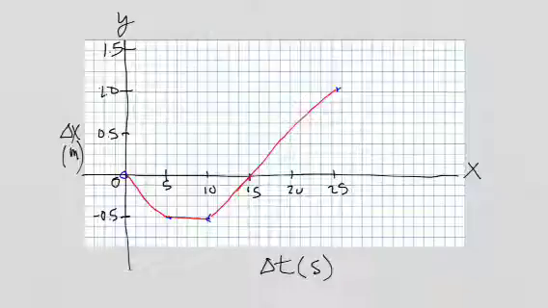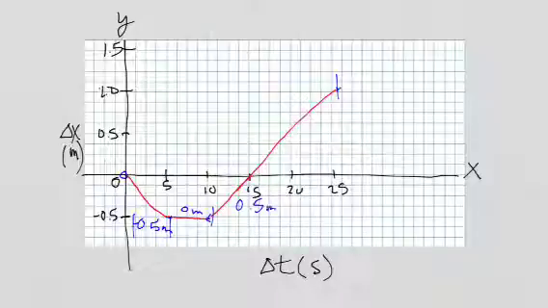So from here to here, the object is actually traveling 0.5 meters. Even though it's in the negative direction, it is an absolute value. No distance is traveled here. And then we've got another absolute value, another 0.5 meters here.